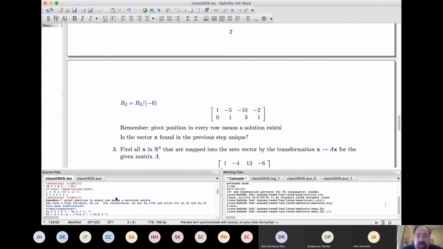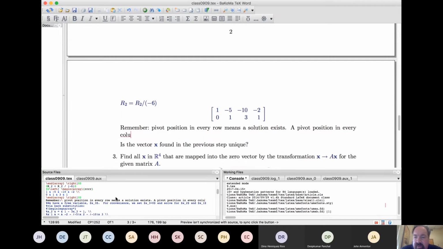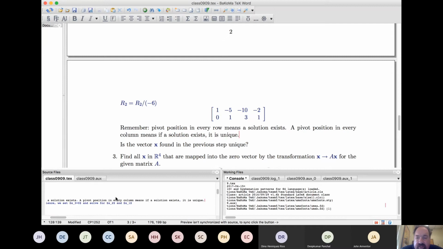If there's a pivot position in every row, then a solution exists. Pivot position in every column means if a solution exists, then it is unique. So these are things you can tell very quickly about a system once you've reduced it.